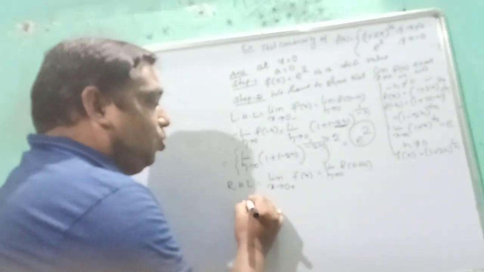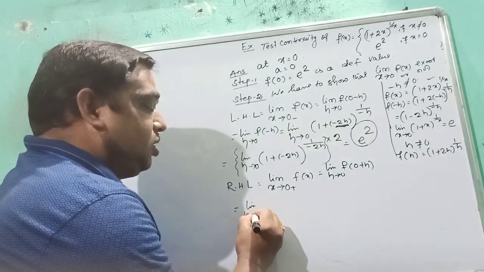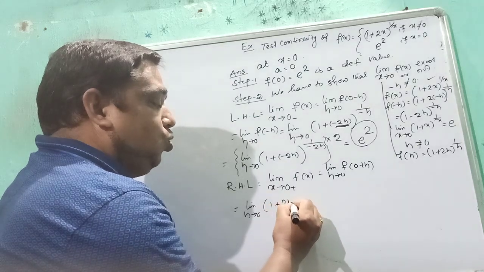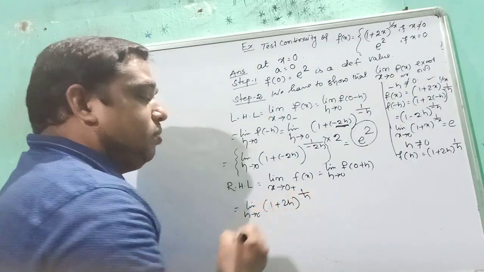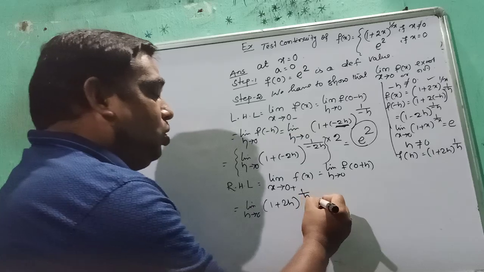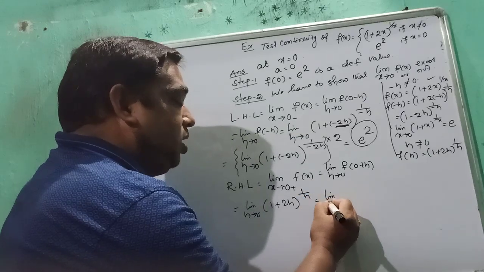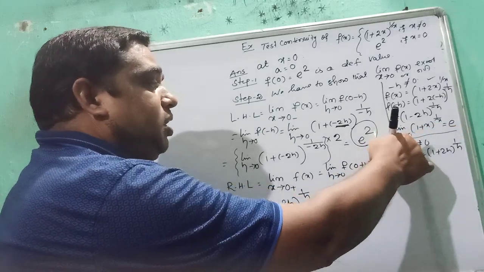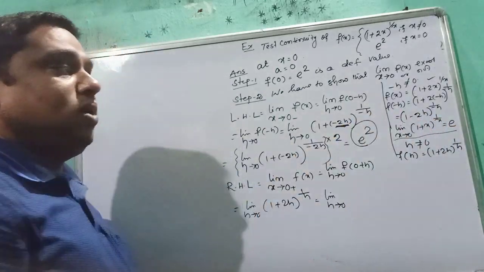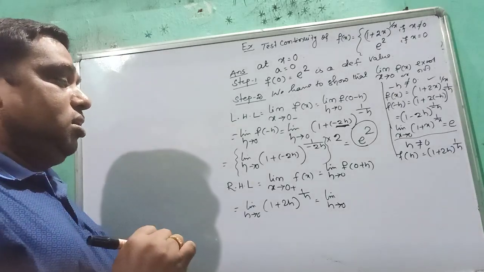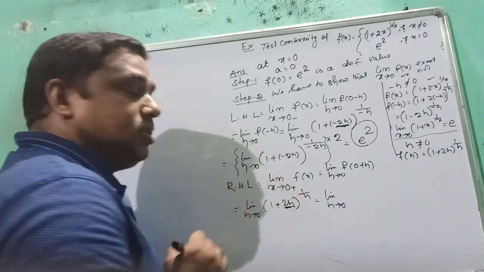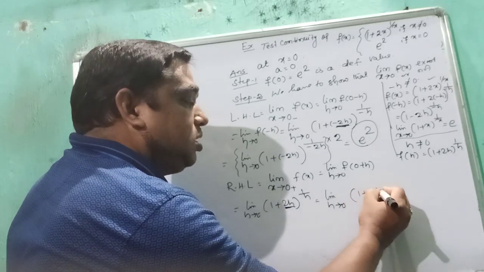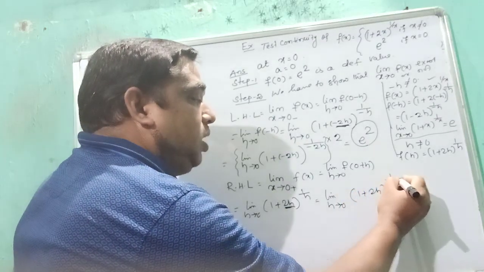Then this is equal to limit h tends to 0 of (1 plus 2h) to the power 1 by h. Since there is a formula in limit, (1 plus x) to the power 1 by x is equal to e. Then what is x here? x is 2h here. So we have to write (1 plus 2h) to the power 1 by 2h.